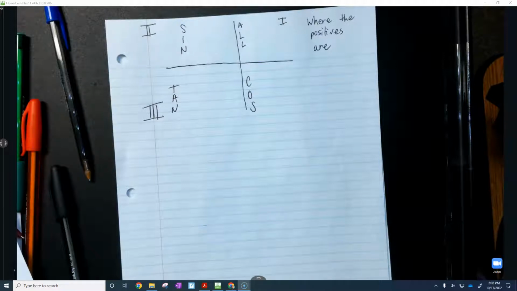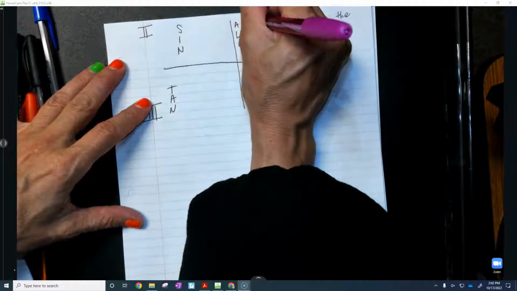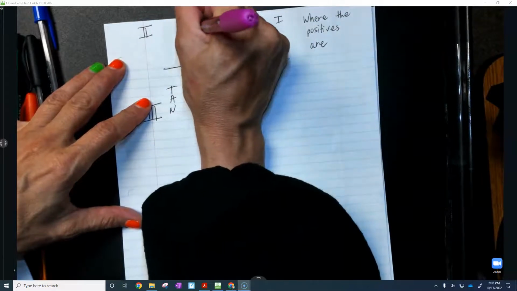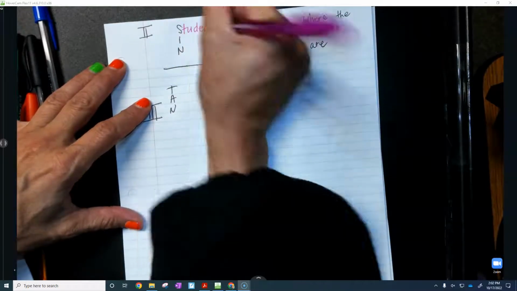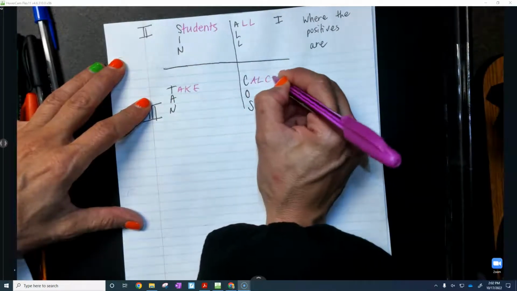Here's a little sentence that all of us use. It might be true, it might not be true, I don't know. But it's always going to help you remember which ones are positive. And the little silly saying that we use is all students take calculus.